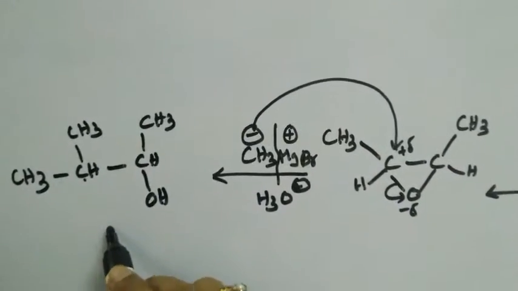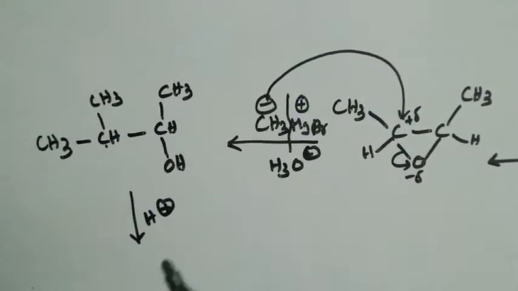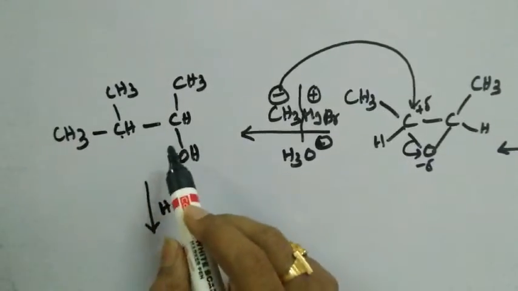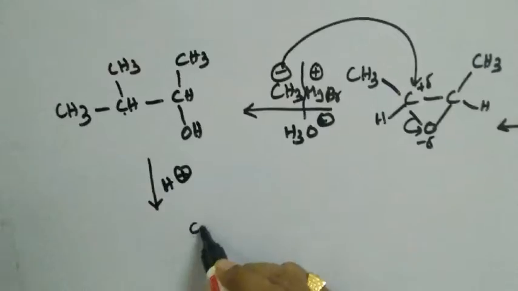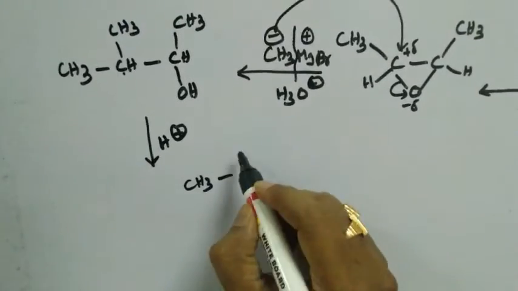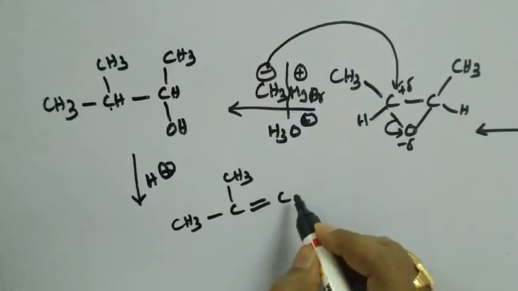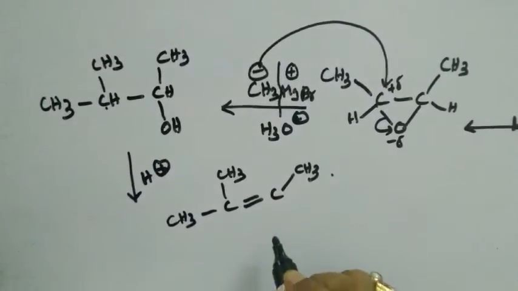Now this is being treated with H+. See the series of reactions he is continuously giving. So here dehydration occurs. Because of the dehydration, we are getting a product, namely CH3, C, CH3, double bond, C, CH3. This is the product obtained.